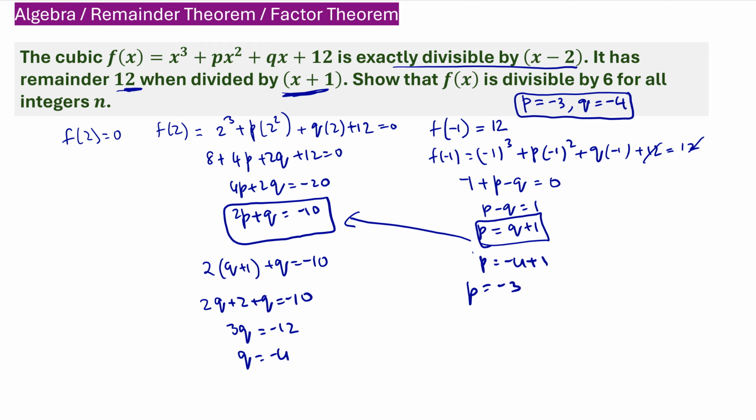So then let us actually write the equation down and see what we get.